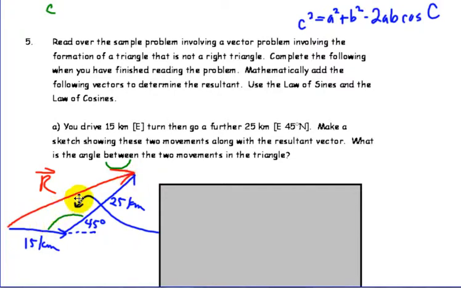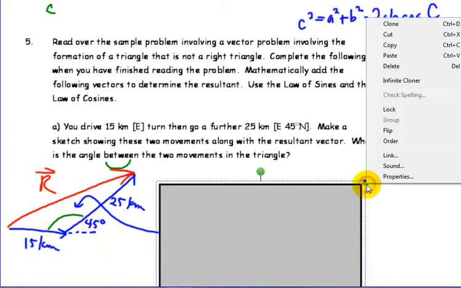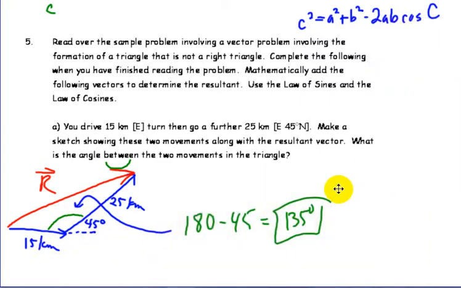So from start to finish is our resultant, and the answer to the question is, what is this angle in here? Of course, you can see these two angles are supplementary. They must add up to 180. So if I take 180, subtract 45, I'll get 135, which is the measure of that angle in there.